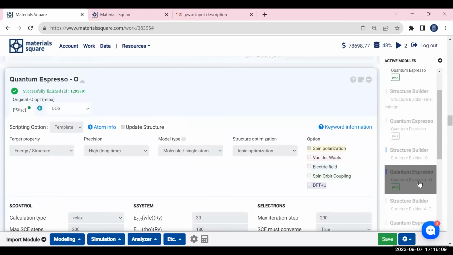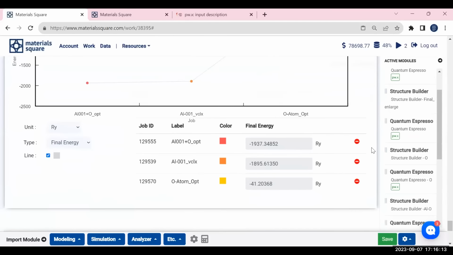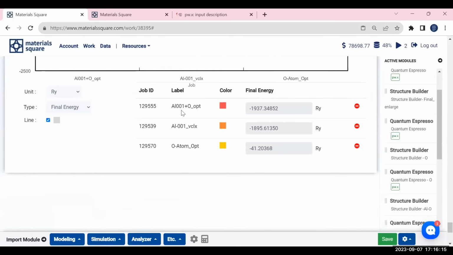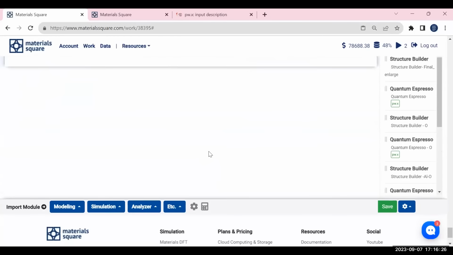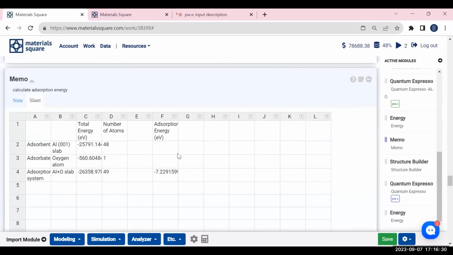Okay, we have also this one. Okay, so we have three different surfaces: the single oxygen, the surface of aluminium, and aluminium where the oxygen was adsorbed to the surface. Finally, I just create this memo.